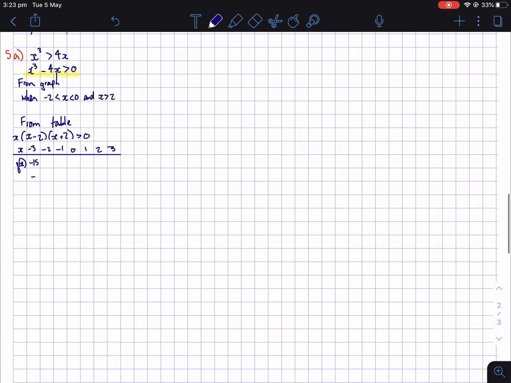All right, if we chuck in negative 2, it comes out as 0. What if it's negative 1? Positive 3. If it's 0, it's 0. Let's just chuck in 1. Negative 3, so it's negative. Let's chuck in 2. Well, it's 0. Let's chuck in positive 3. Positive 15.